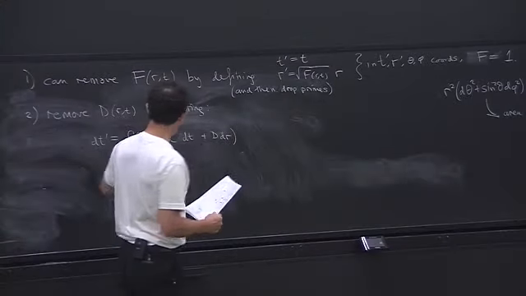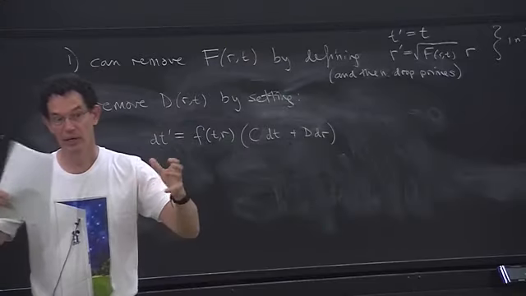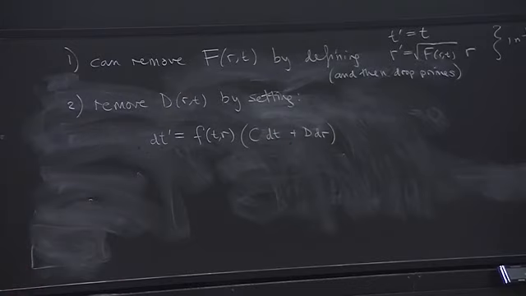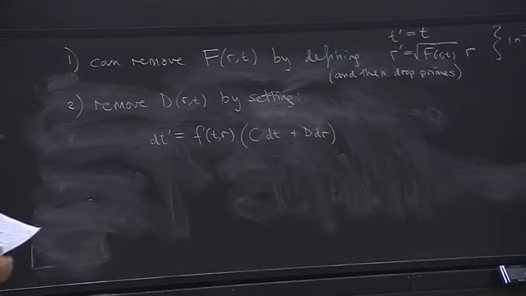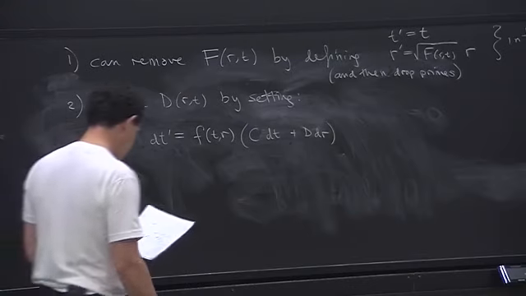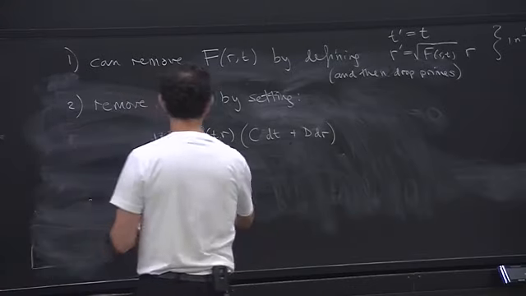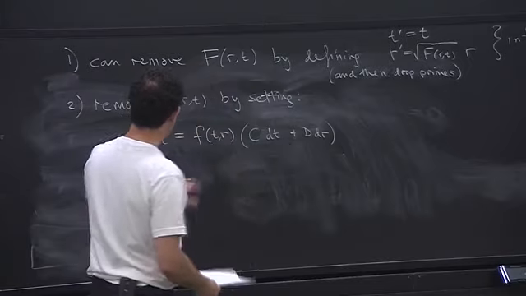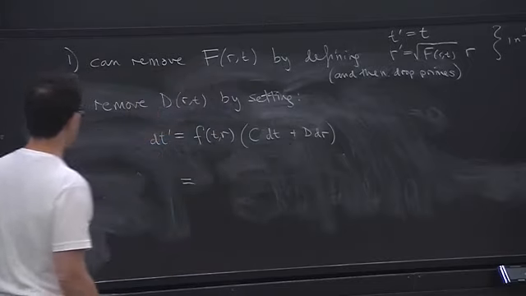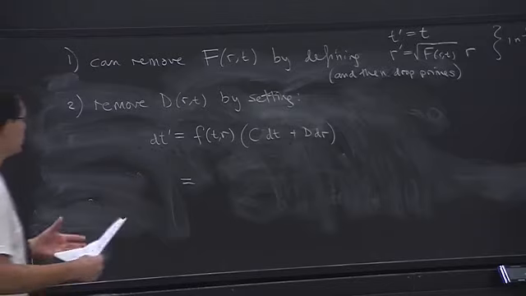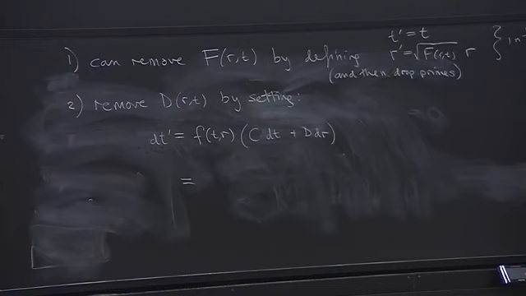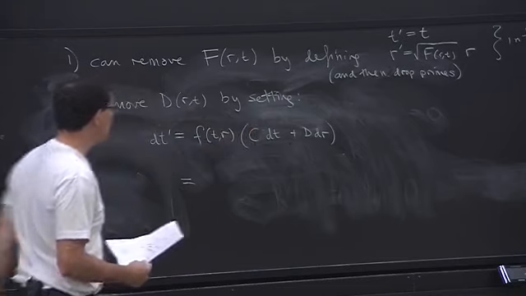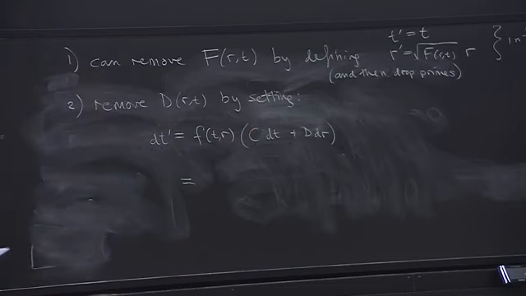So if I define this new time that way, it already includes the cross term without needing a cross term. So in the dt prime coordinates, the cross term will go away. And I'm free to include this overall factor because that will just emerge as a factor multiplying the dt prime term. In other words, it can be absorbed into the c. So this is a good way to try to eliminate the cross term.